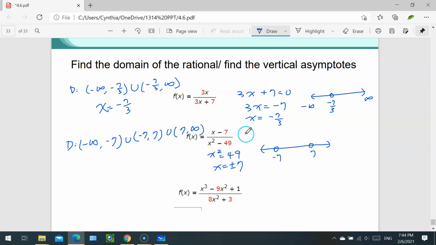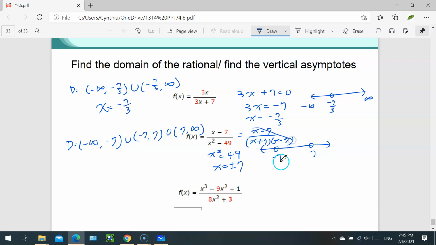Vertical asymptote. Before finding the vertical asymptote, we have to make sure we have the simplest form, right? So you have x minus 7 over the denominator here. I can rewrite this binomial as x plus 7 multiplied by x minus 7.